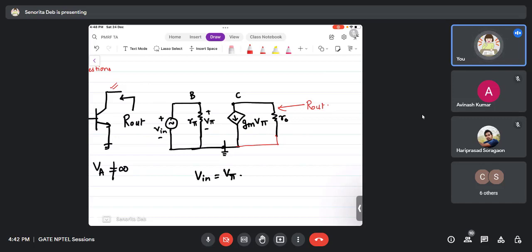Now for finding the Thevenin resistance, I will connect a plus minus source here, VTH, which supplies ITH current into the circuit. Now VTH by ITH will give me R out.